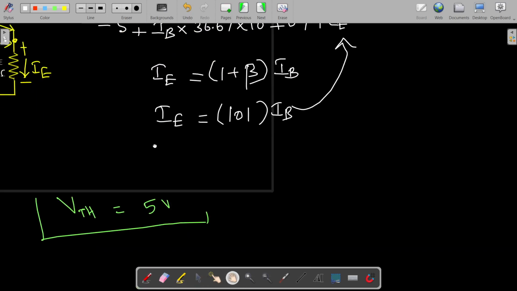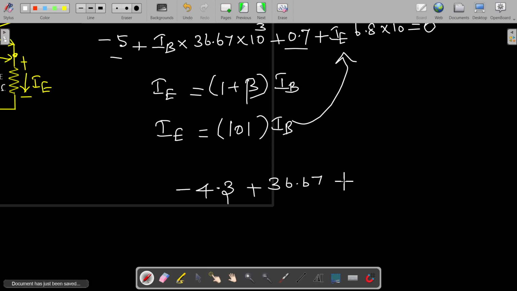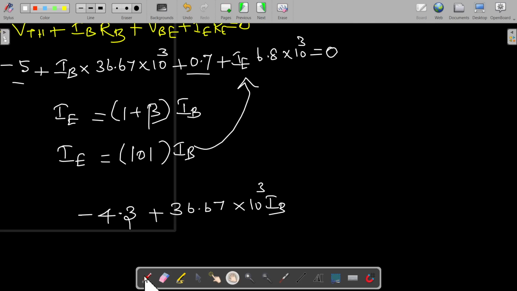So now we got the new equation as minus 5 plus 0.7 will give you minus 4.3 plus 36.67 into 10 power 3 IB. Then here this IE can be replaced by 101 IB, isn't it? So it is plus 101 IB multiplied by the 6.8 into 10 power 3, that is equal to 0.